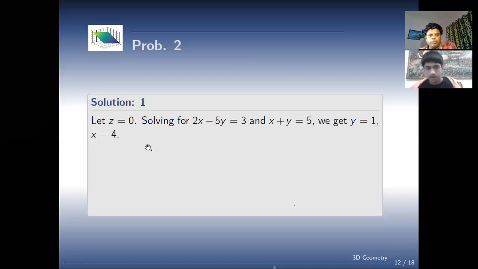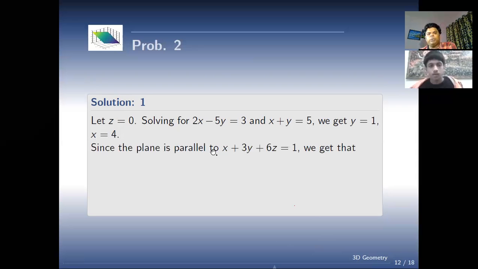Now I know that this plane is also parallel to x plus 3y plus 6z equals 1. So what should be true then?